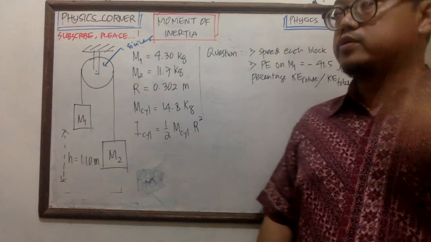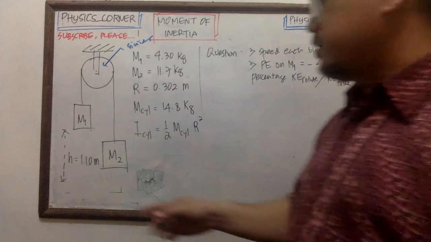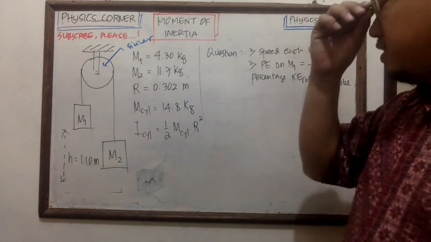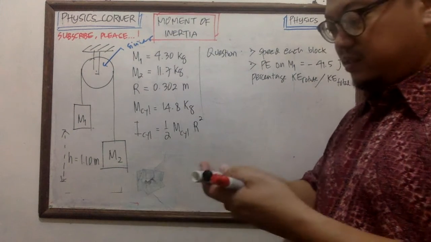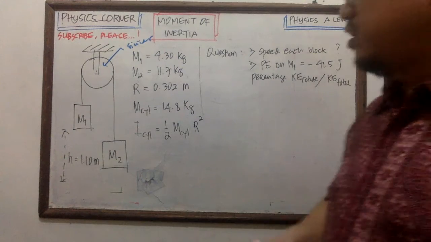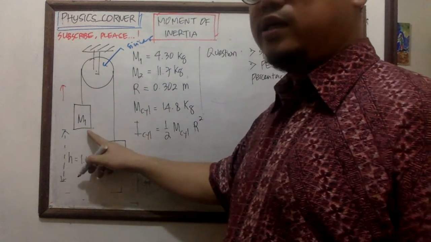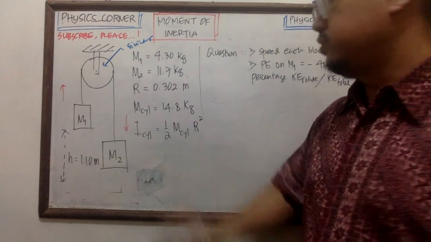So question one is to find the speed of each block when mass m2 has fallen 1.10 meter. Actually m2 is bigger than m1, so we know the direction of this system: m1 goes up and m2 goes down.